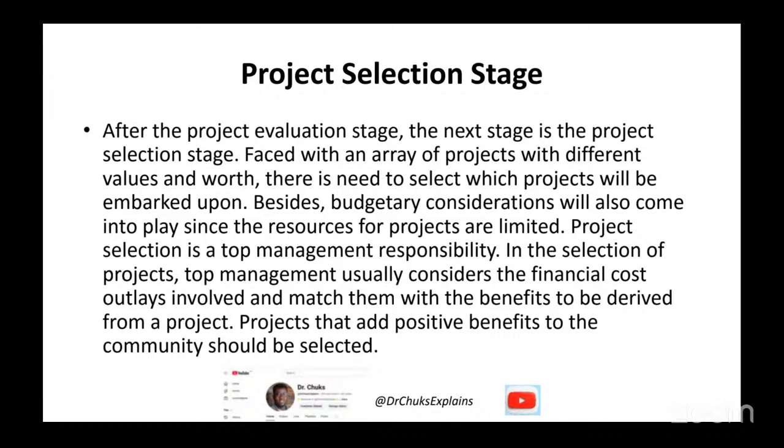In the selection of projects, top management usually considers the financial cost outlays involved in the project and matches them with the benefits to be derived from such a project. So projects that add positive benefits to the community should be selected.